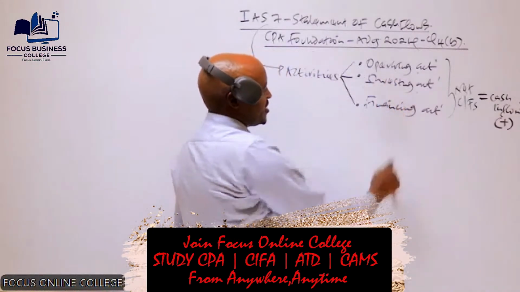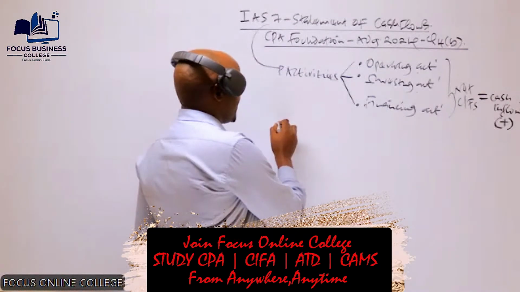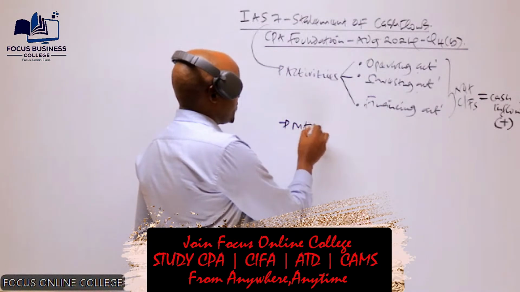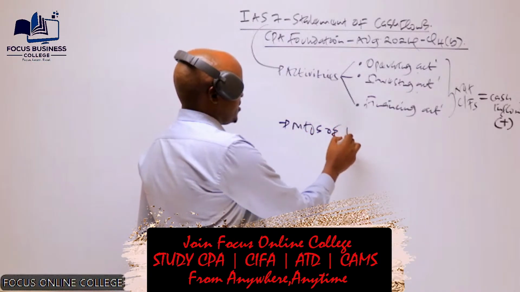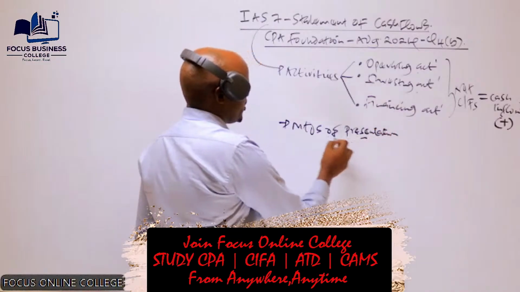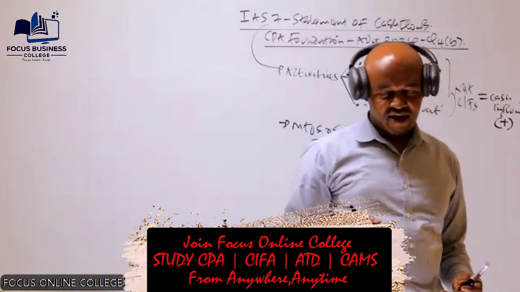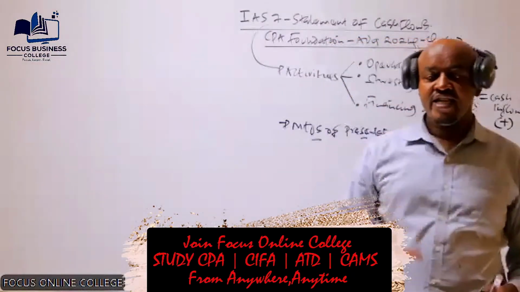So by the end of the day, we will be able to get the net cash flow from operating, investing, and also financing. Maybe the other thing you need to remember very fast is that when preparing the statement of cash flows, we have two methods which can be used to prepare, or in other terms, to present a statement of cash flows. We have the direct method, and also the indirect method.